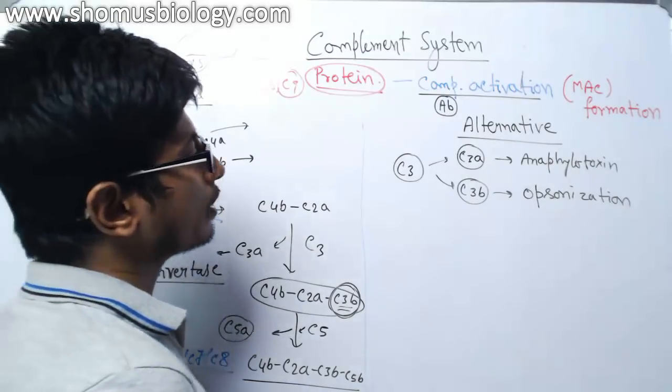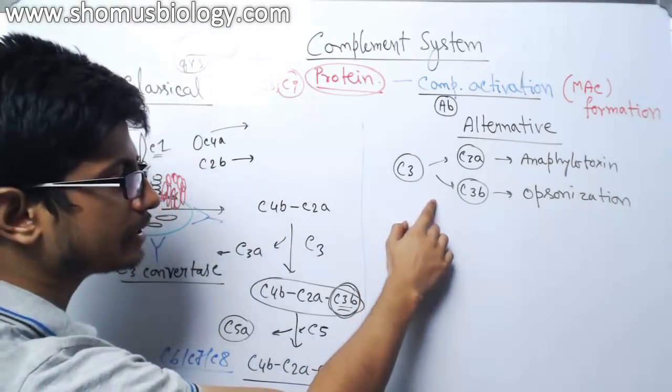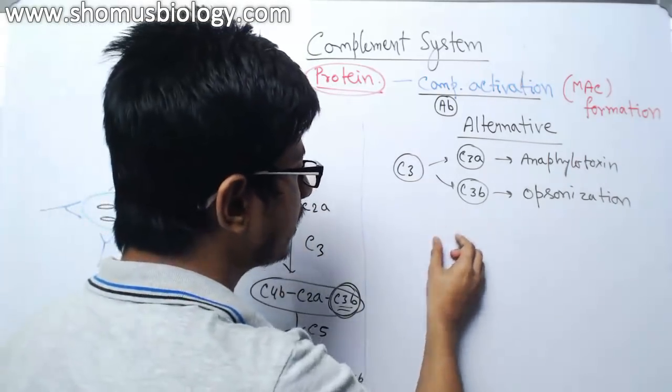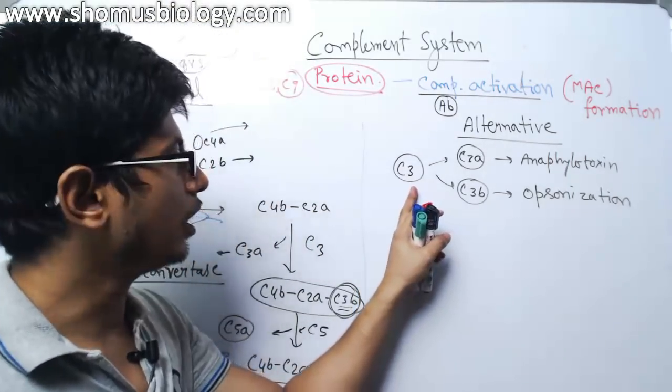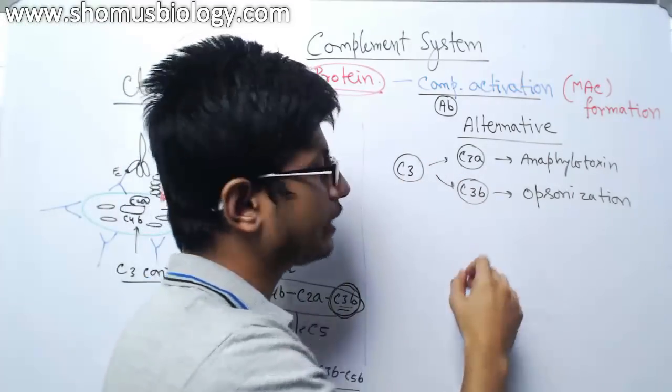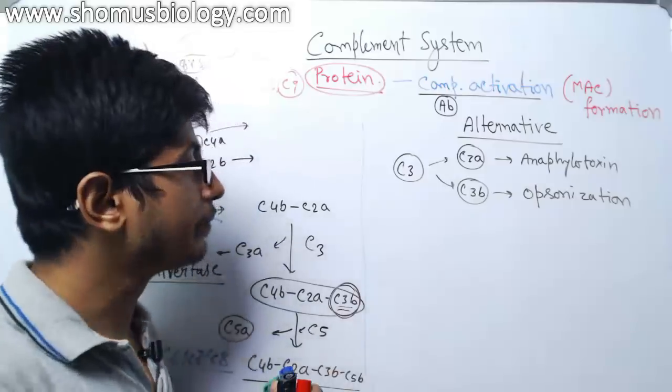Now the idea for C3 is that once C3b is formed, the C3b is soluble, because these are soluble complements. So soluble protein C3 is broken down into C3b, which is still floating there.